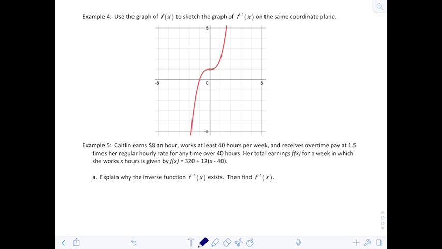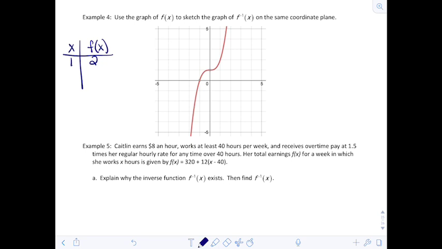Okay, so as I look at f of x, I see that I have points on that graph. Some nice points that I have are 1, 2, 0, 1, and negative 1, 0.